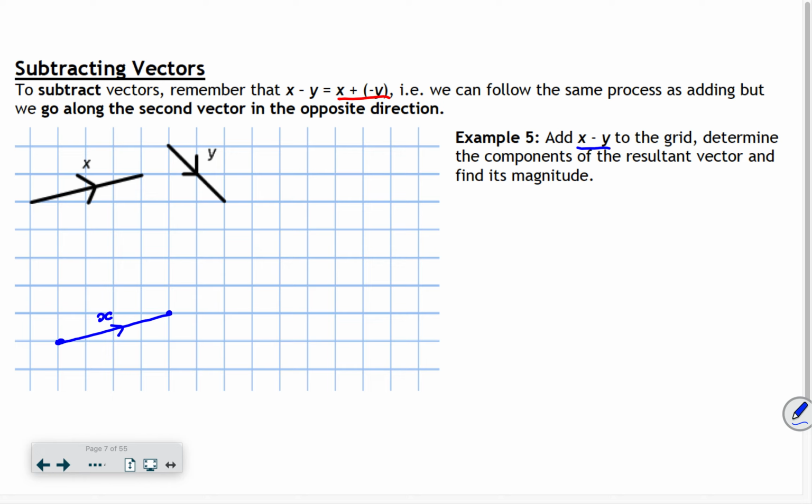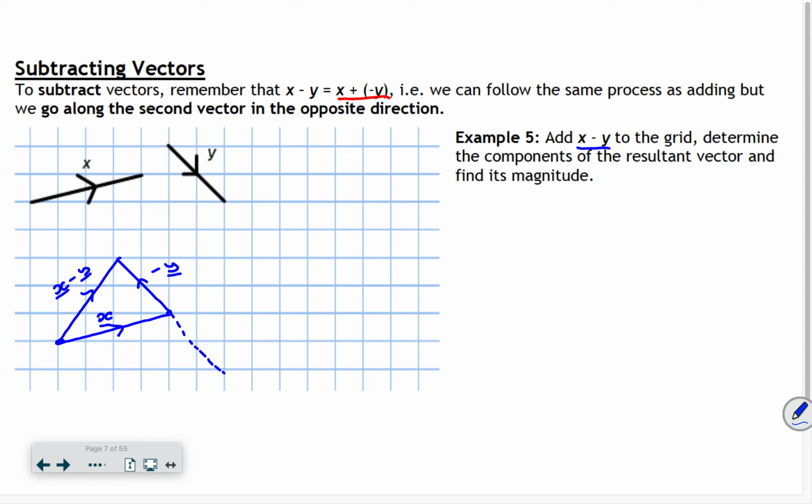So in the last example, I drew vector y going like this. Vector negative y goes in the opposite direction, so it would just go up to here. And that is vector negative y. So the resultant vector is going to be this journey here. And that is the vector x minus y. Okay?